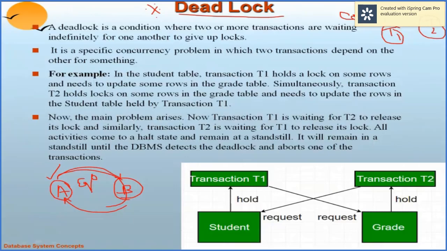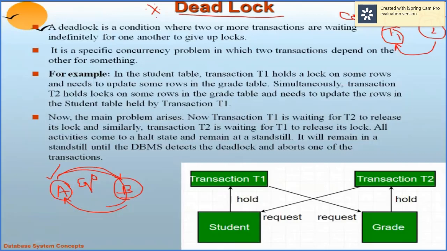And T1 needs to proceed to the next data item X2, but T2 is not releasing X2 for transaction T1 to complete.